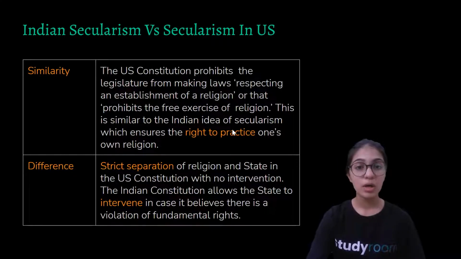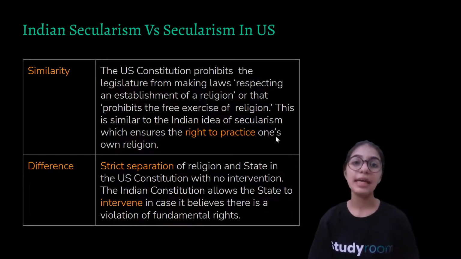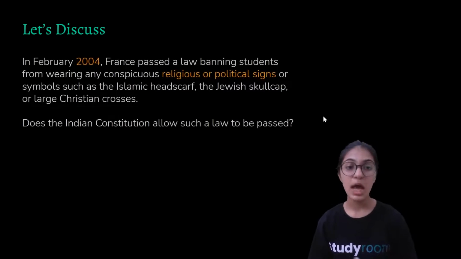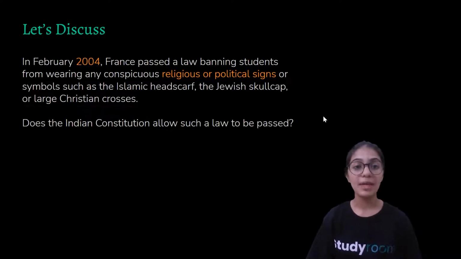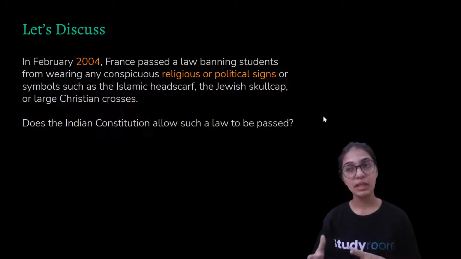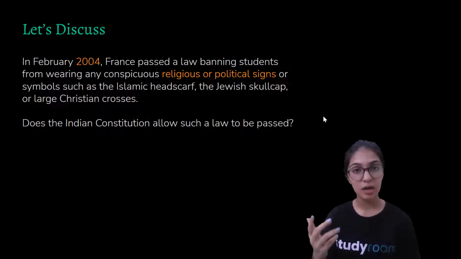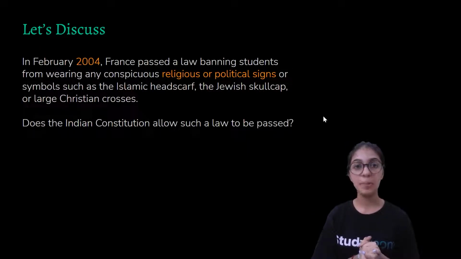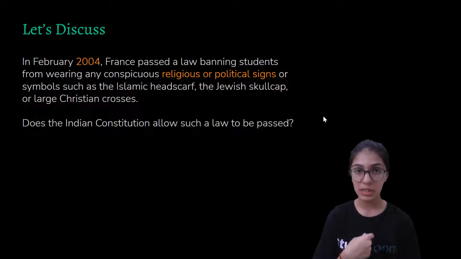Moving forward with an example, in February 2004, France passed a law banning students from wearing any religious or political signs. We see that Muslims wear a headscarf, and Christians wear a Christian cross around their neck.